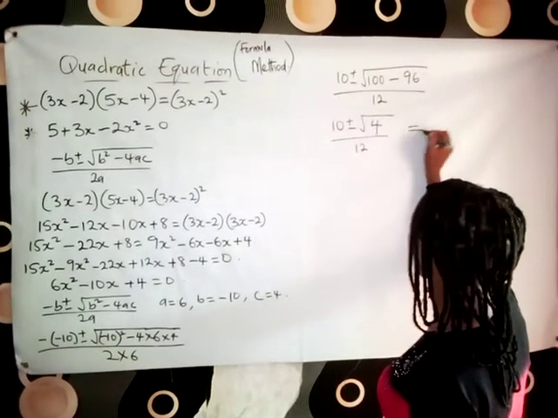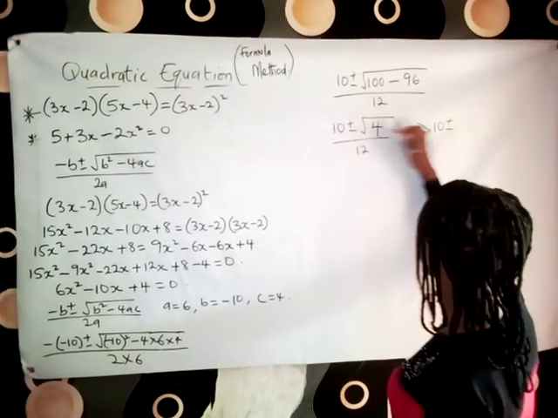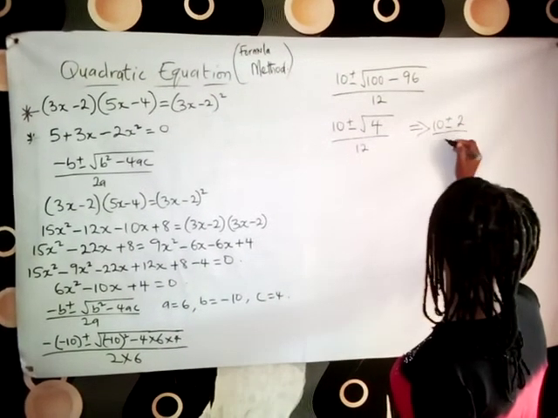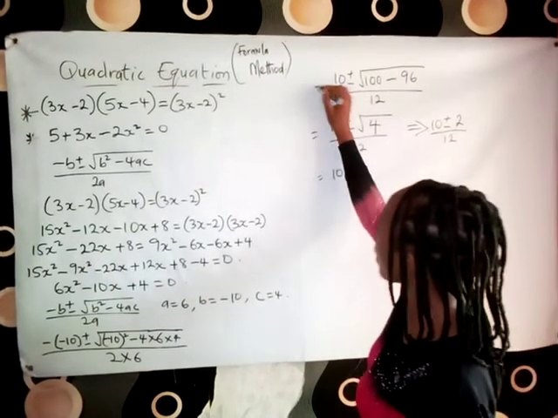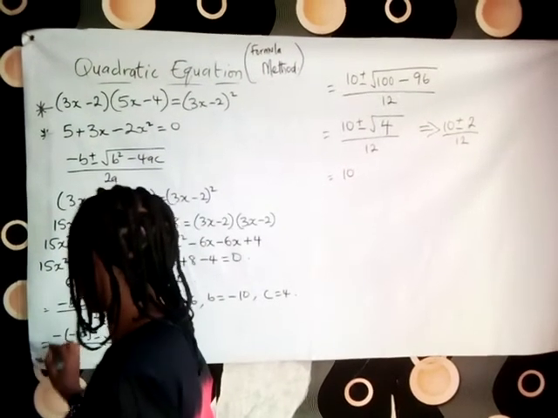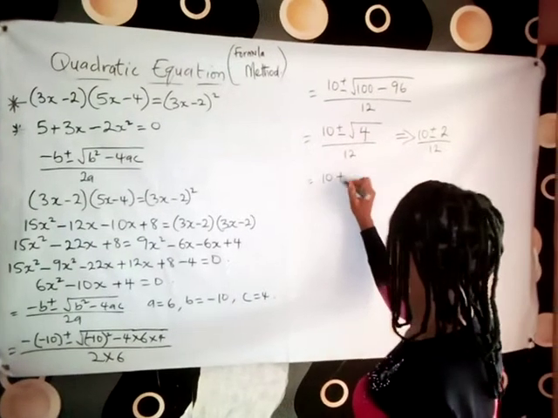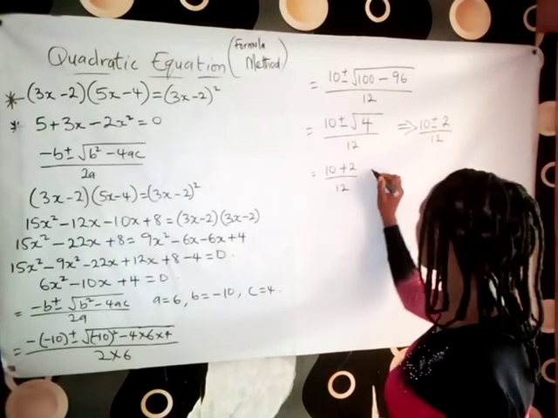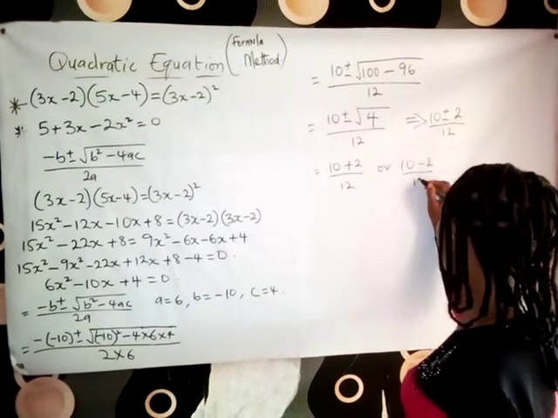So we split it as well. This is 10 plus or minus the square root of 4, which will give us 2, all over 12. Now this means we're going to have two answers, like I taught us. So this is 10 plus 2 over 12, or 10 minus 2 all over 12.